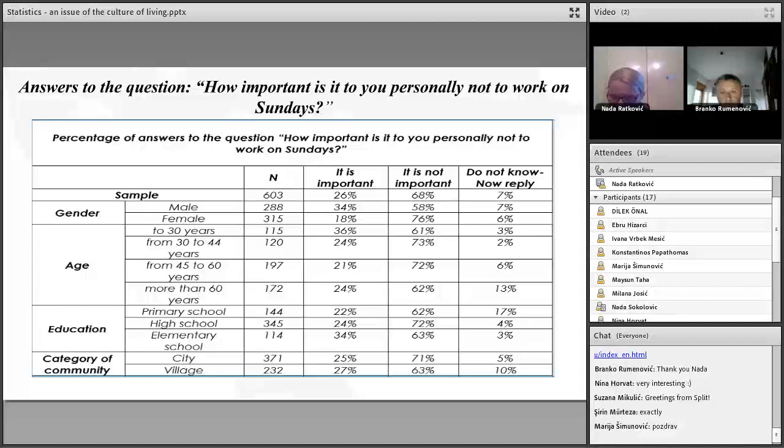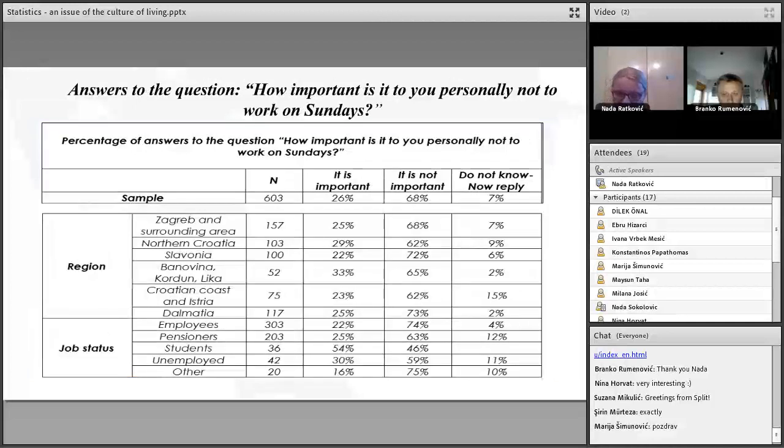For the female, 76%. In the category of age, 72% from 45 to 60 years say it is not important. In the category of city and village, 71% of citizens mean it is not important.